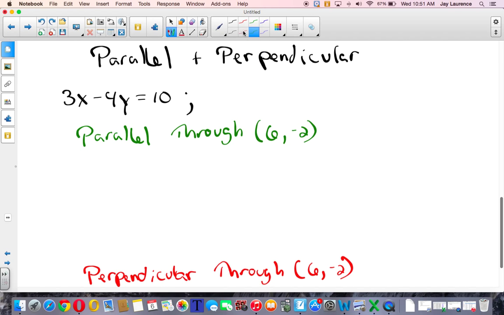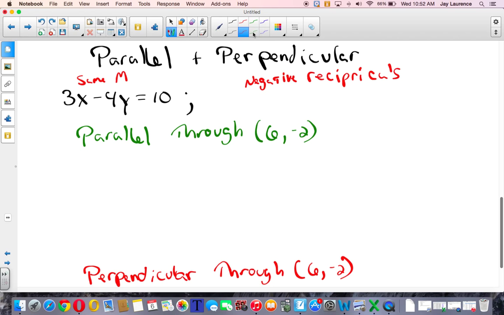Remember, we learned that parallel lines have the same slope. Same slope. Perpendicular lines have slopes that are negative reciprocals of each other, right?